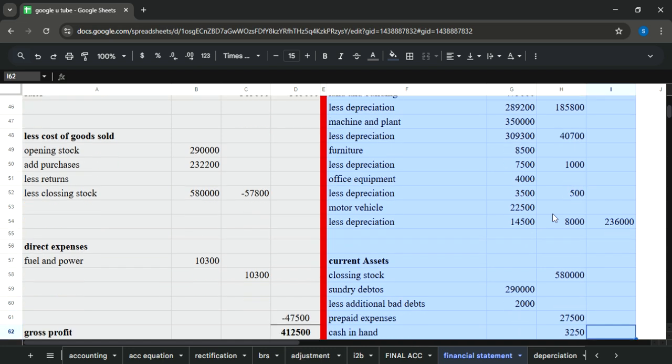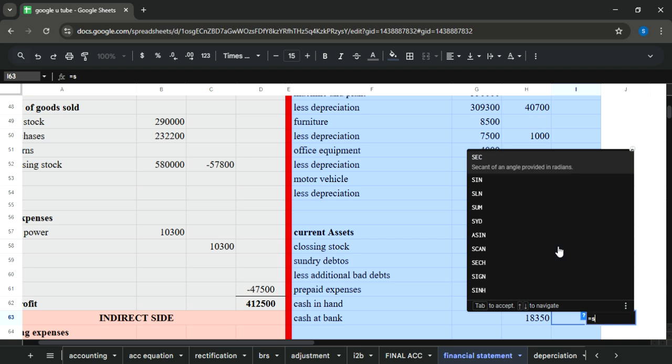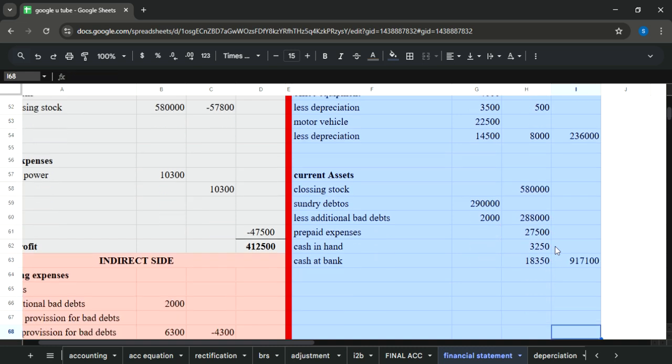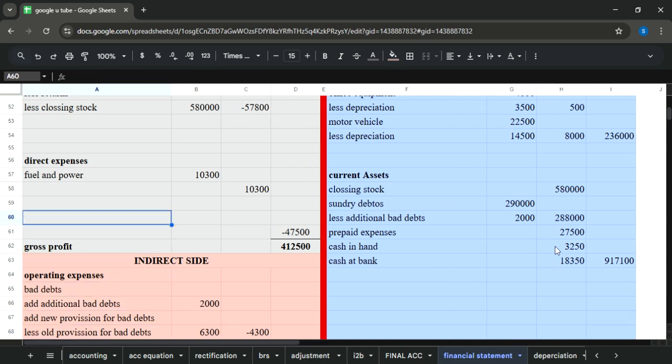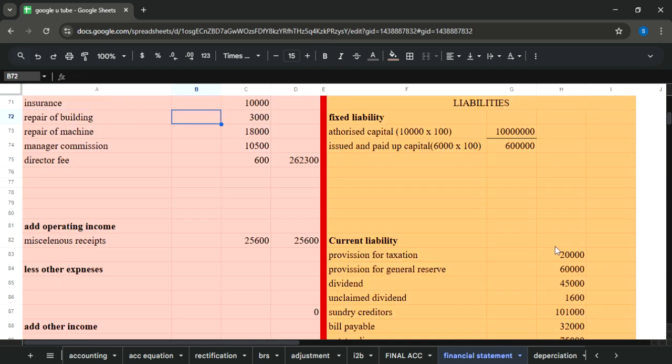After that, we are now focusing upon current asset, debtors less additional bad debts. No other adjustment is present, so we can take sum of all current assets. Once again, I am going to see the total of operating expense how we have taken. Let's confirm.